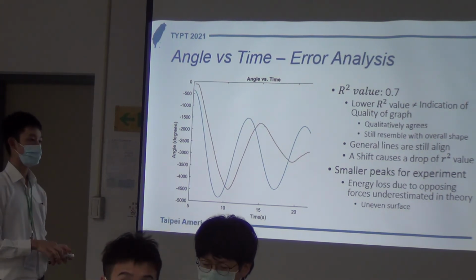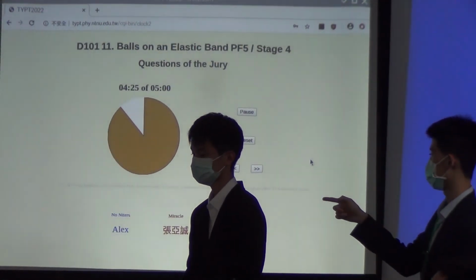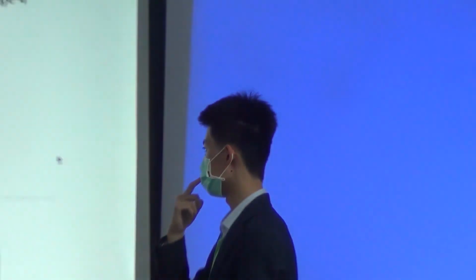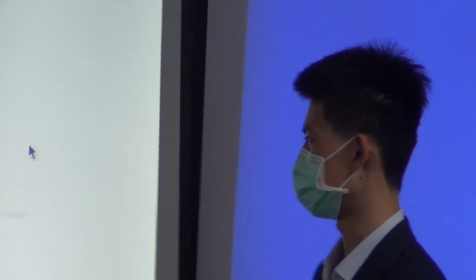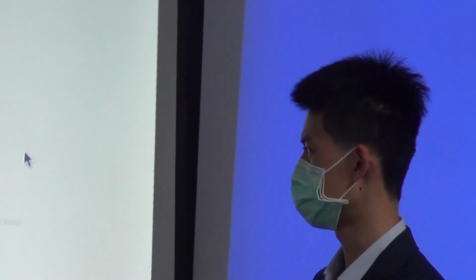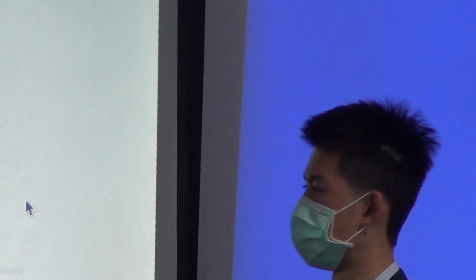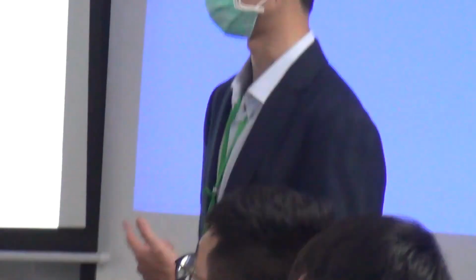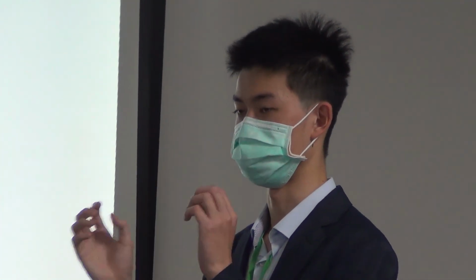Okay, how about your opinion? In my discussion, after we saw this graph, we went to the previous graph of the rolling and slipping. Without experimental data, I cannot conclude whether it is primarily the energy loss due to the rubber band or the unevenness of the graph, but I think the unevenness of the graph has a larger effect than the energy loss in the tangential direction.